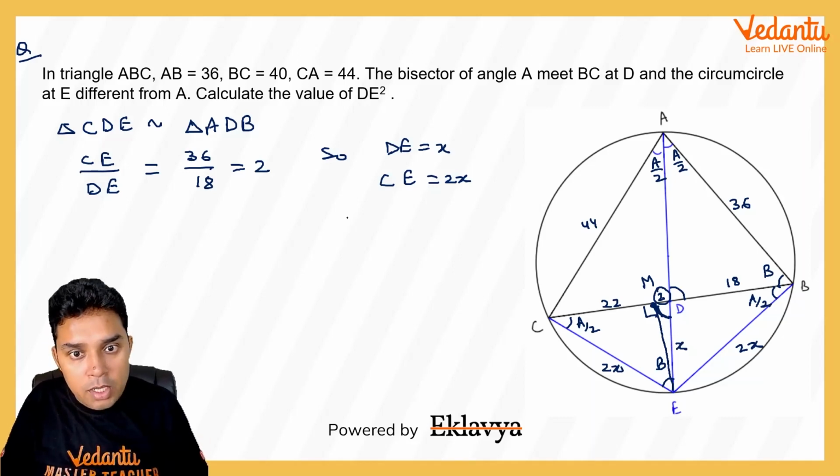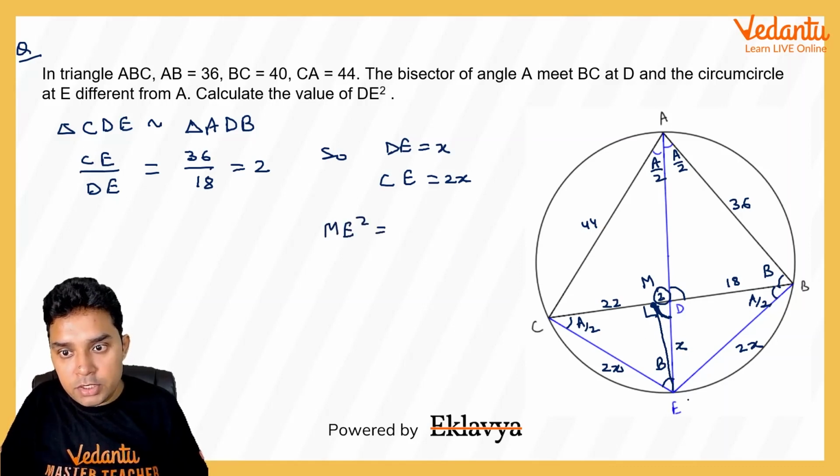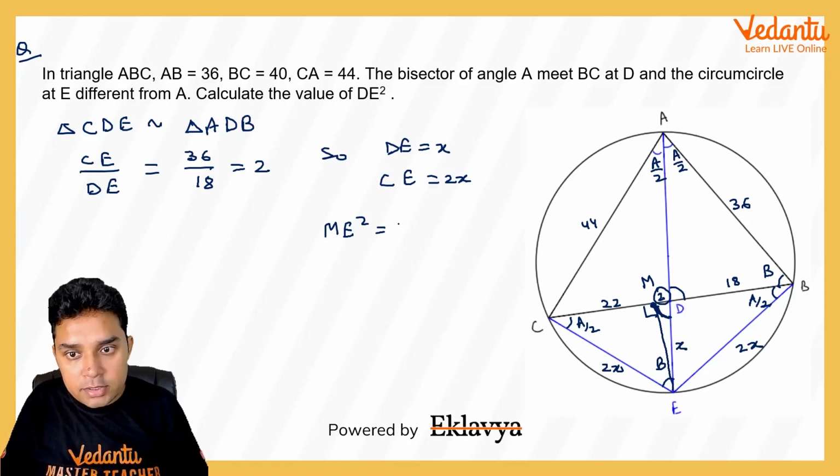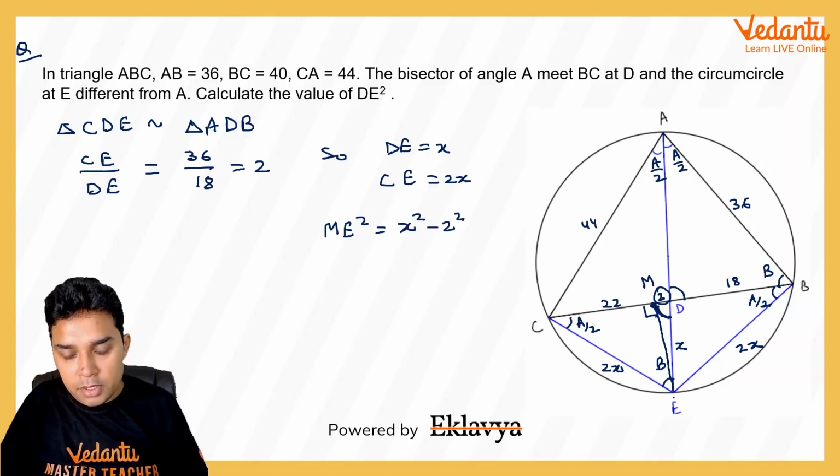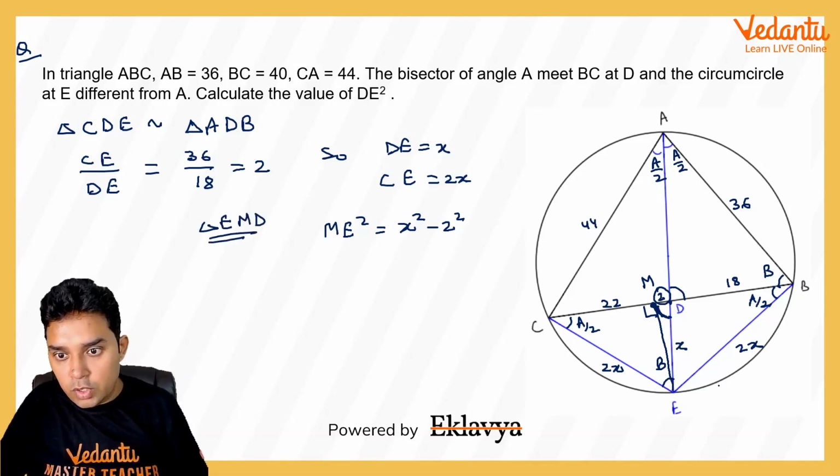Please see how we can find ME square. ME square is equal to x square minus 2 square, since ED is the hypotenuse of triangle EMD.